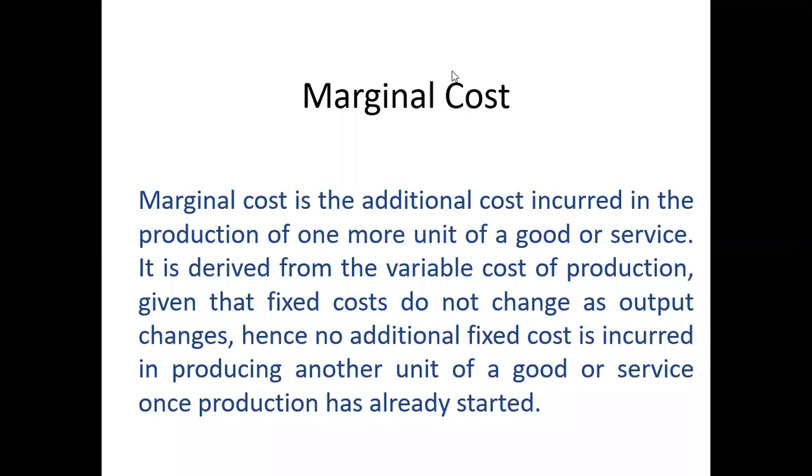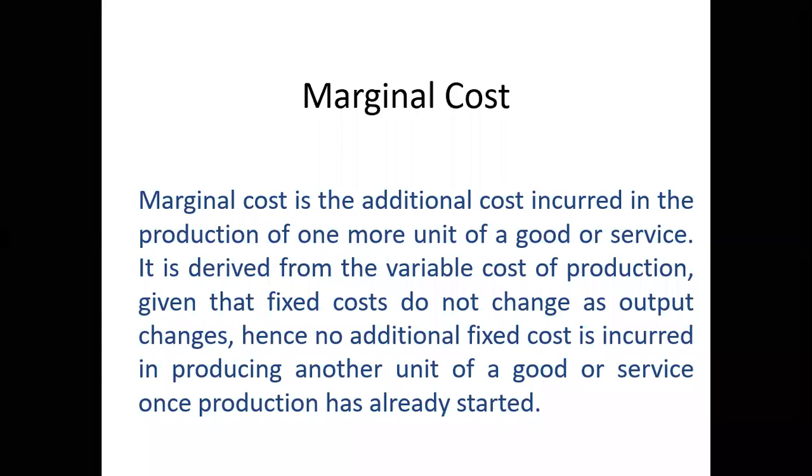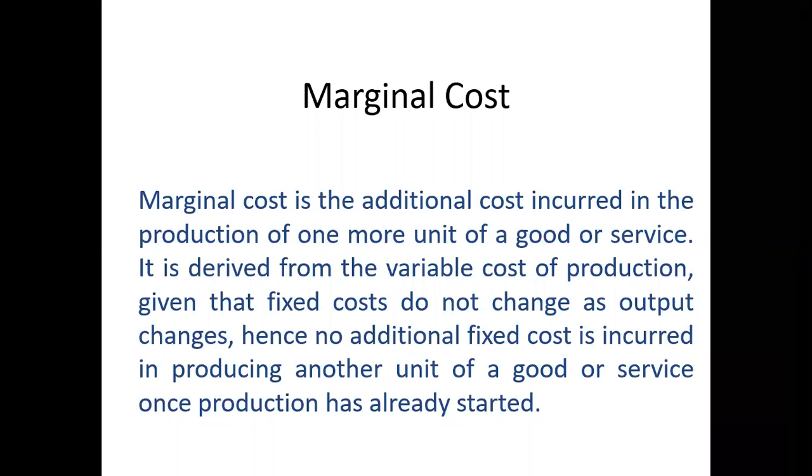When you produce the 11th cake, that means one additional or extra cake, then automatically your amount of expenditure increases. So marginal cost represents that one additional amount of cost which we need to produce one extra unit of commodity.